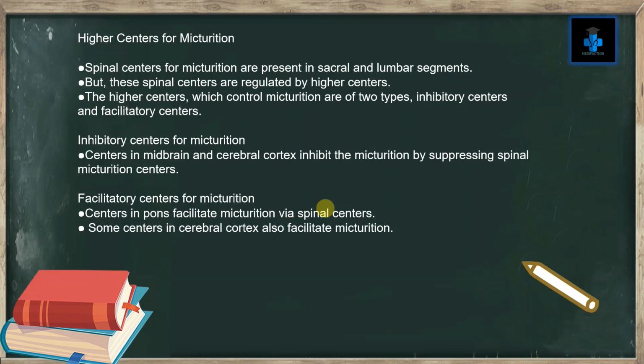Inhibitory centers for micturition are centers in midbrain and cerebral cortex that inhibit the micturition by suppressing spinal micturition centers. Facilitatory centers for micturition are centers in pons that facilitate micturition via spinal centers. Some centers in cerebral cortex also facilitate micturition.